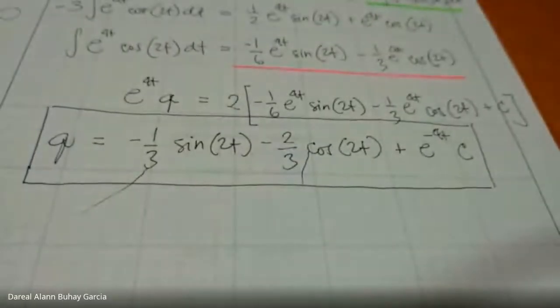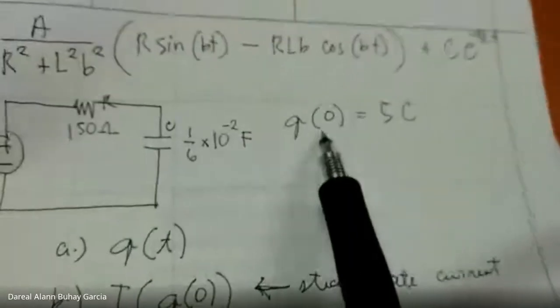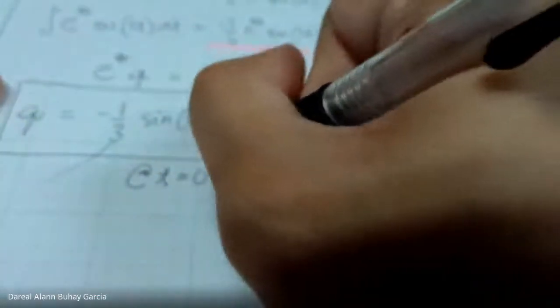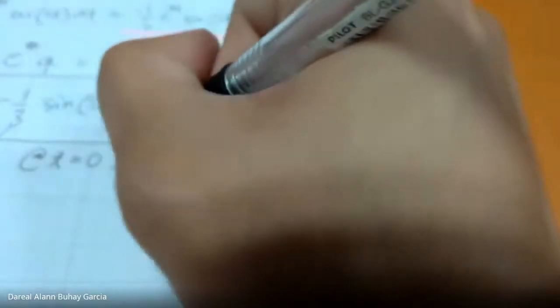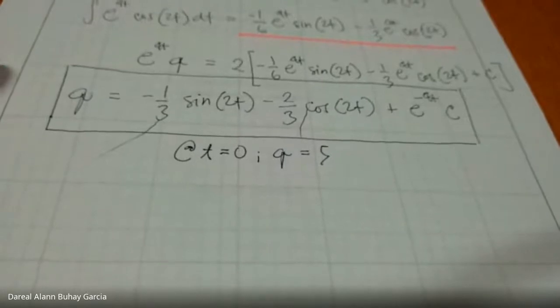So, at t equal to 0, Q is 5. Replace every t by 0.